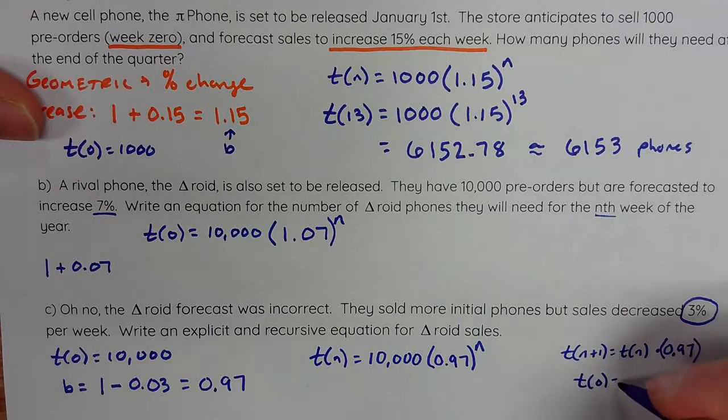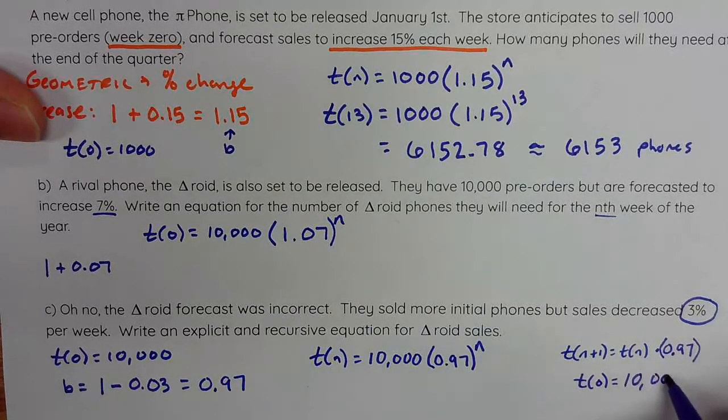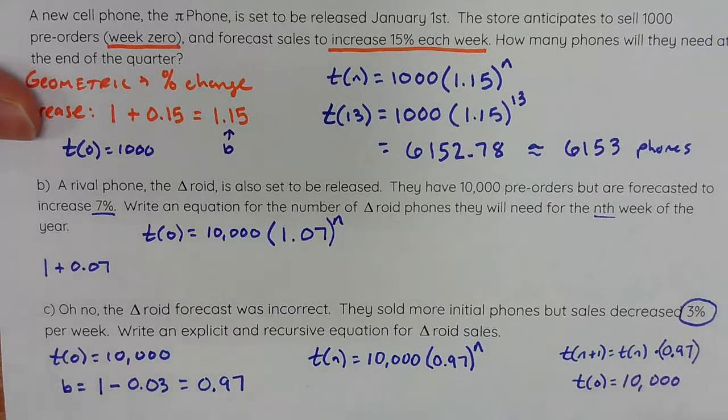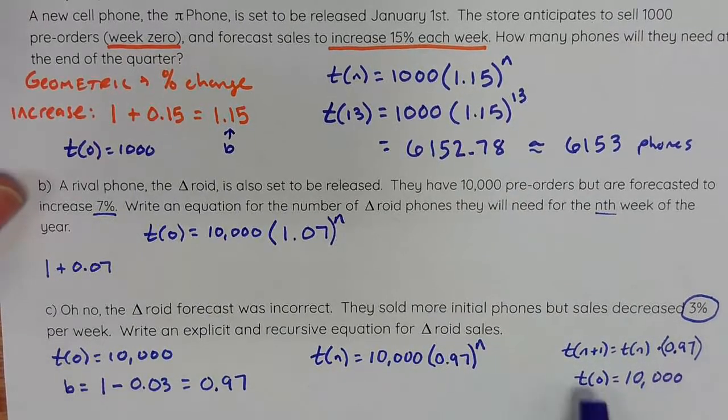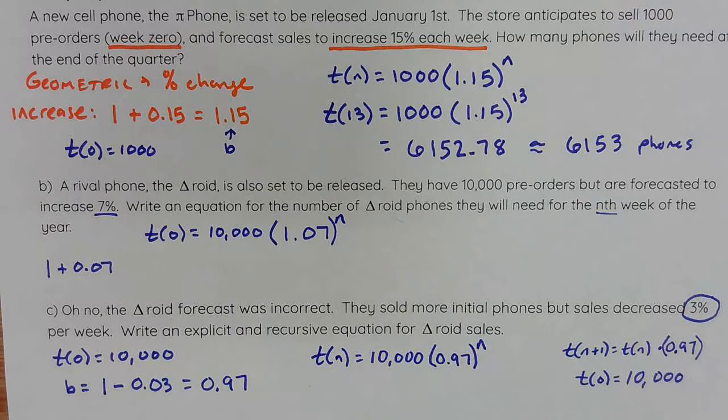And we're just going to state what the 0th term is, 10,000. Typically, we would say term 1, but since we don't have term 1, we have term 0, we can list term 0. As long as we give some term in the sequence for the recursive, we are good.